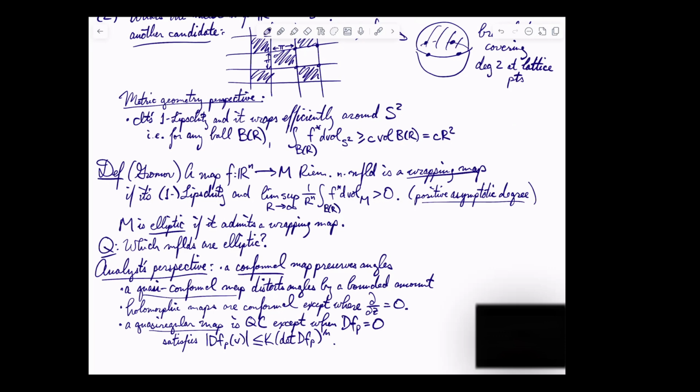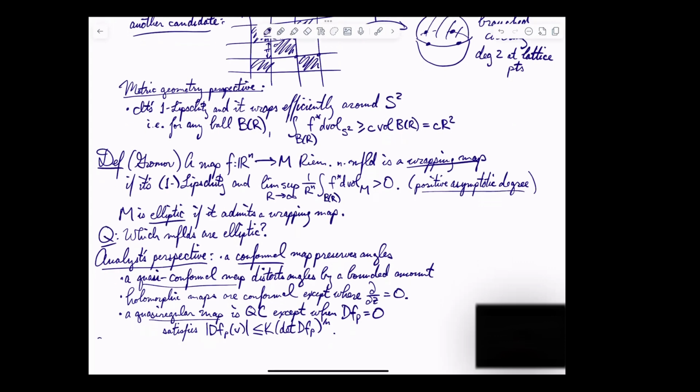I guess this is a slightly more concise way of writing this condition. And so again, you can ask which manifolds admit quasi-regular maps from Rn, which n-manifolds.